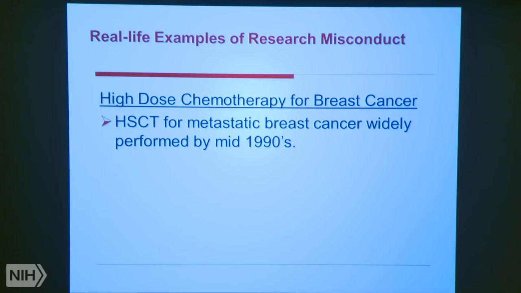People felt that if giving a little bit of chemotherapy produced a response, maybe we could give a lot more chemotherapy, and when their bone marrows crashed, as they would, we could just give them a bone marrow transplant, and we could get more cancer cells killed and better outcomes for patients.